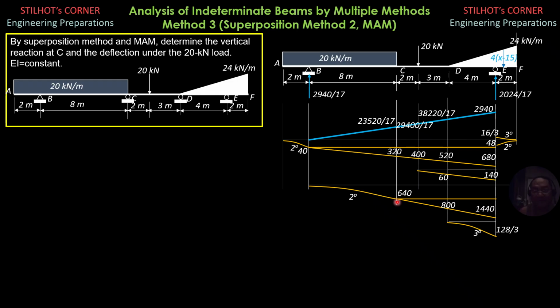Then that 160 times 5 is 800. 160 times 9 is 1440. And the moment of this triangular load, take note, this is 16 kilonewtons per meter, is 1/2 of 4 times 16 times 4/3. So we have third degree, 128 over 3. And for this overhanging load, treat that as a uniform load, 24 kilonewton per meter.